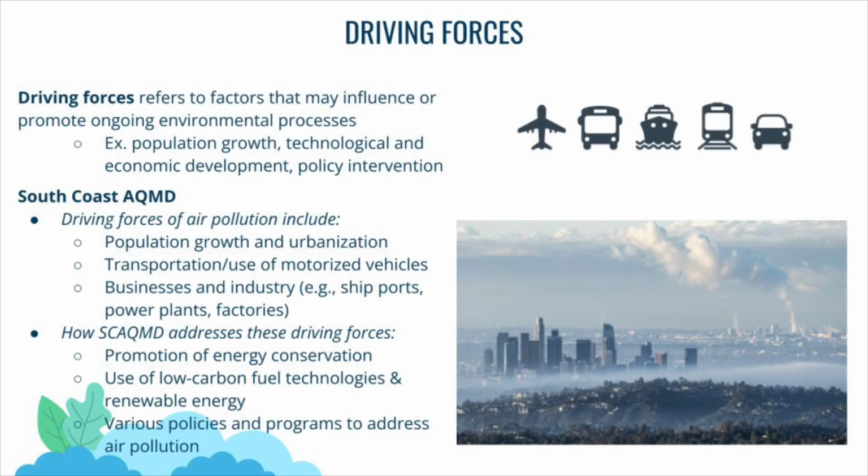Now, how the South Coast AQMD addresses these driving forces is, for instance, within their own agency, they promote energy conservation as well as the use of low-carbon fuel technologies and renewable energy.